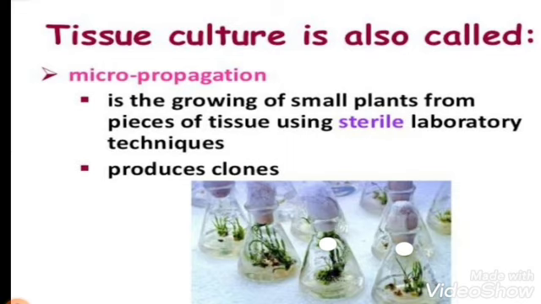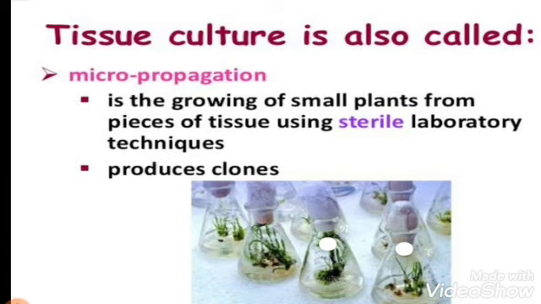Now the fourth method of artificial propagation is tissue culture. You all know that tissue is a group of cells together performing a specific function, and here plants are grown from cells, tissues and organs of the plant on a suitable nutrient medium in an artificial environment.